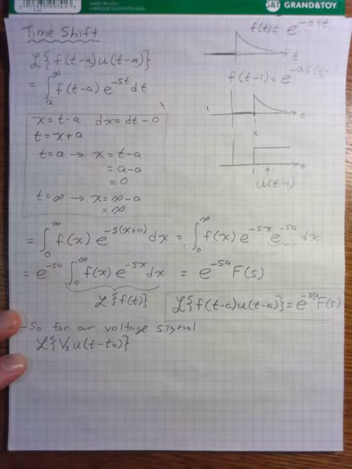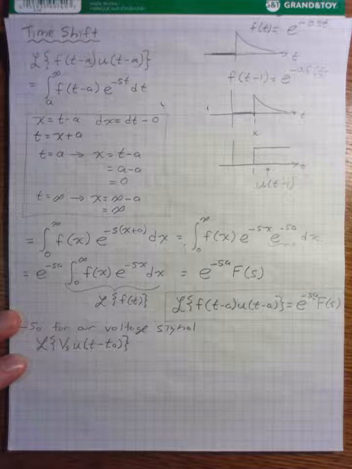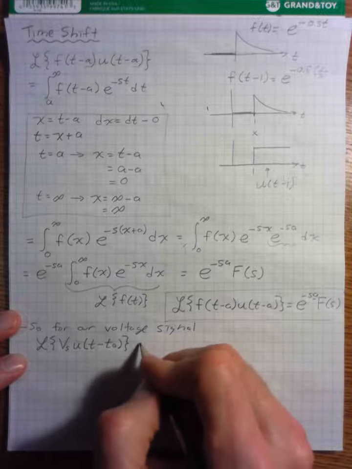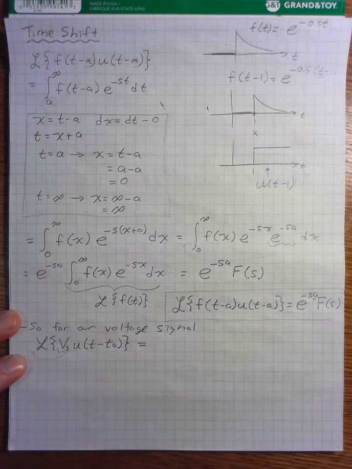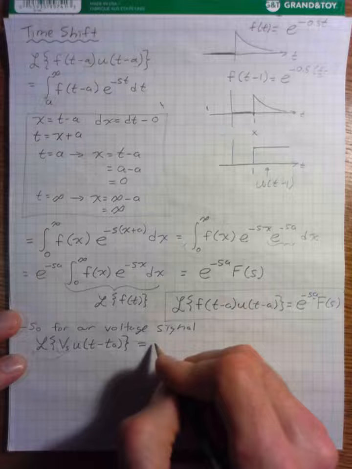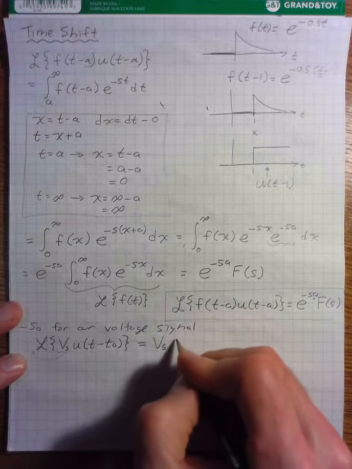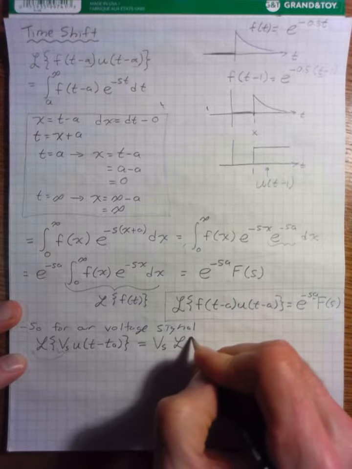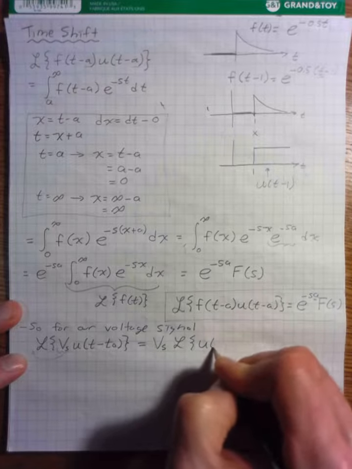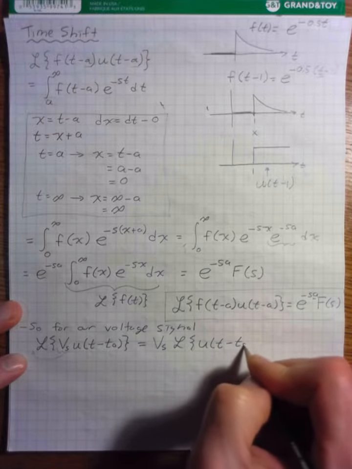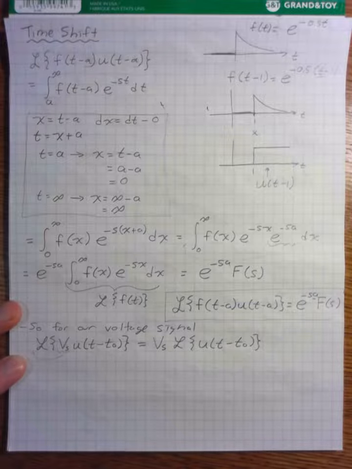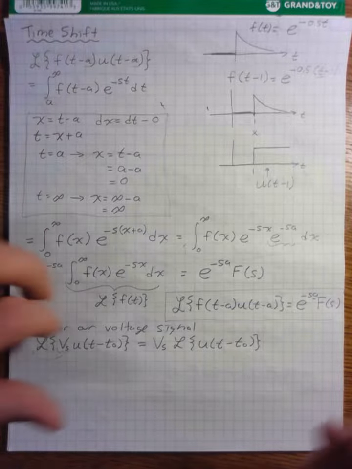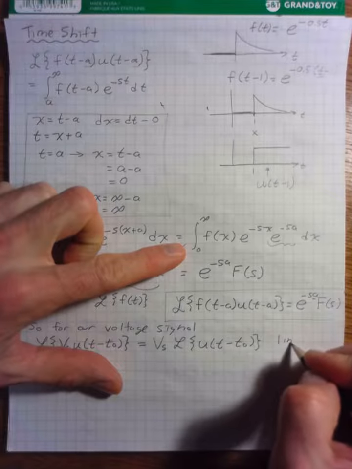Where we turn our switch on at some time t naught. Now we know from linearity that we can take this Vs and pull it outside the Laplace transform operation. So this is just equal to Vs times the Laplace transform of a shifted version of the unit step function. This is from the linearity property.